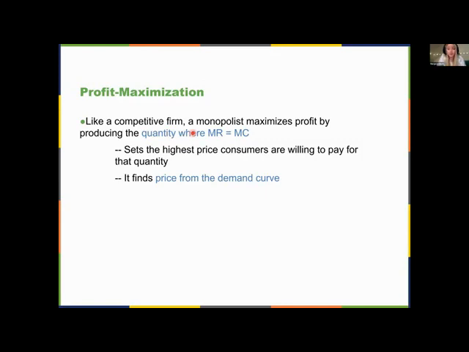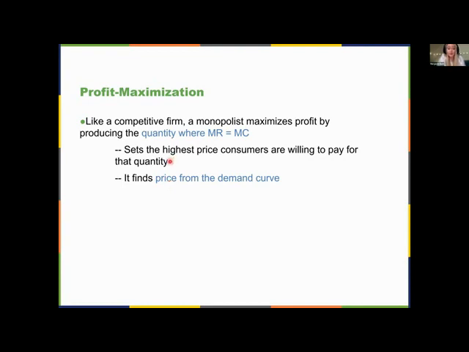The difference between finding the price and quantity for a perfectly competitive firm and a monopoly is what price these two firms can charge. So finding the quantity is exactly the same. The price is going to be a little bit different.